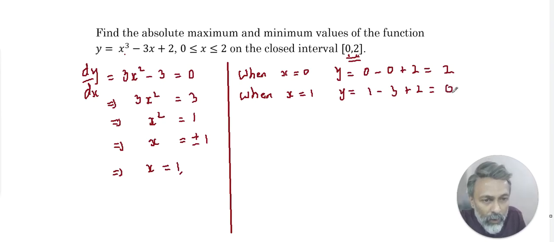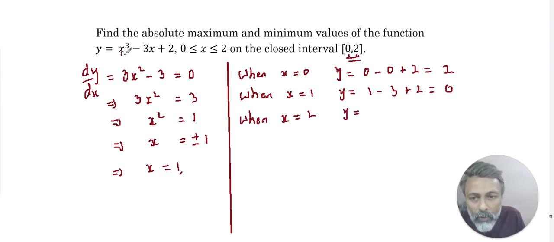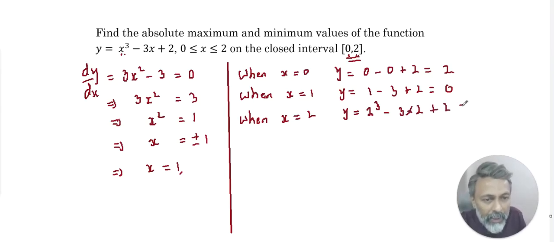So we do not know at 1 whether it's a maxima or minima. What we want to know is, in this interval, what is the maximum and minimum value? When x is equal to 2, y is equal to 2 cube minus 3 into 2 plus 2. 8 minus 6 plus 2 is 4.